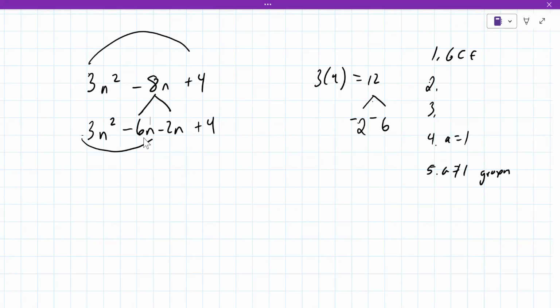Okay, so is the answer 3n parentheses n minus 2 close parentheses, negative 2 parentheses n minus 2? Good so far. There's one last step. You have to factor out the n minus 2 from both.